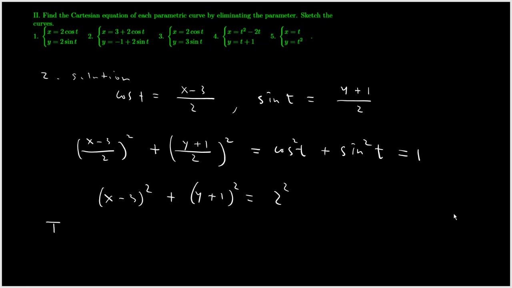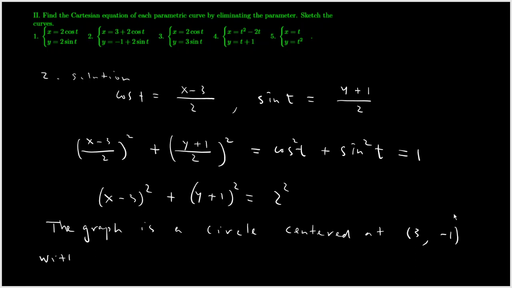The graph is a circle centered at the point with x coordinate of 3 and y coordinate of negative 1, with the radius of 2.